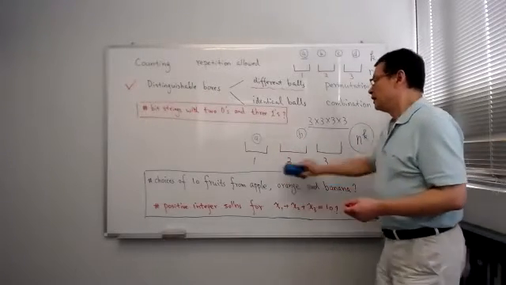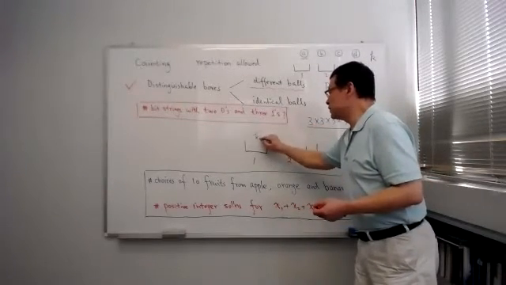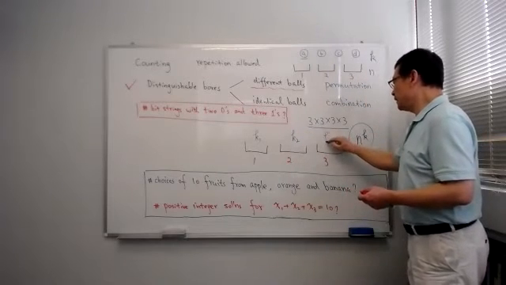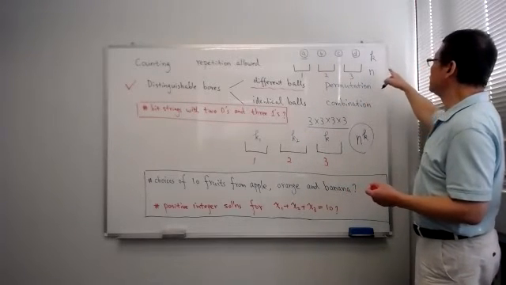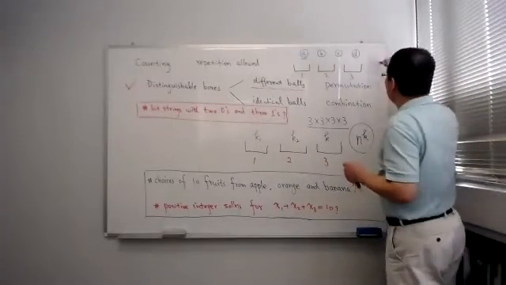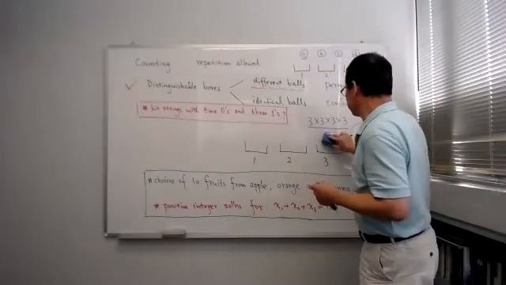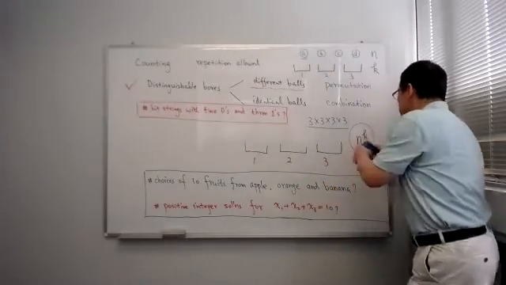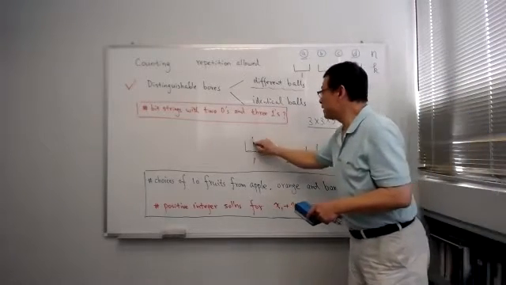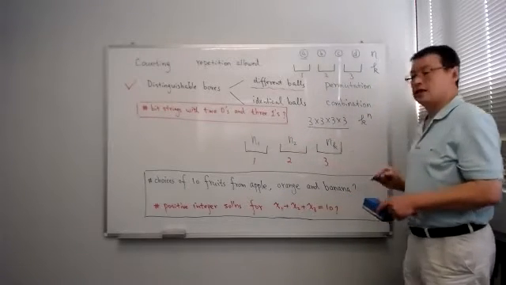For example, what we can specify is that there are N1 balls inside box 1, N2 balls inside box 2, up to NK balls inside box K. I have N balls in K boxes.